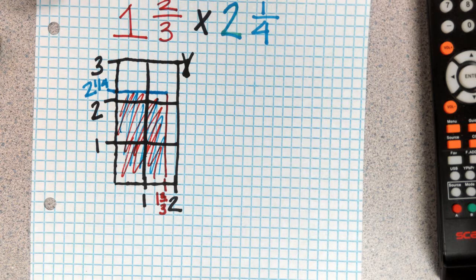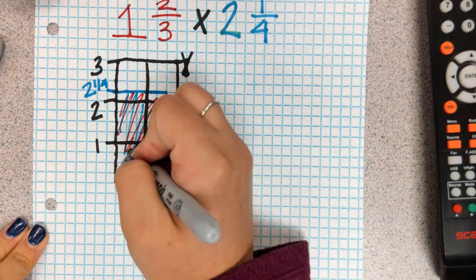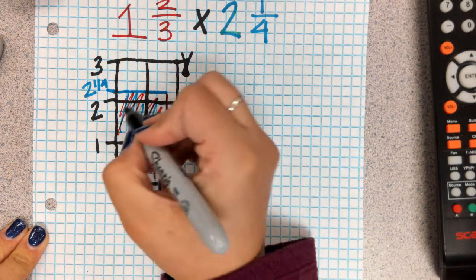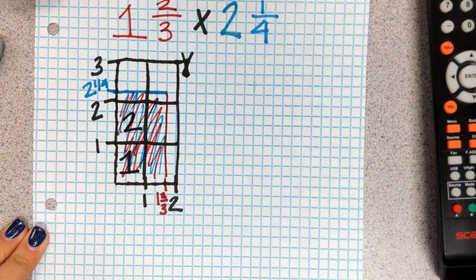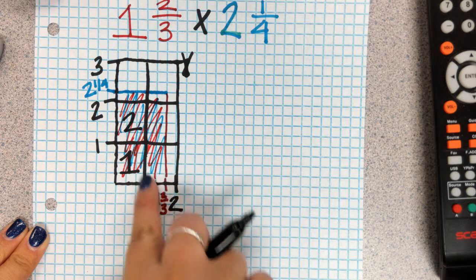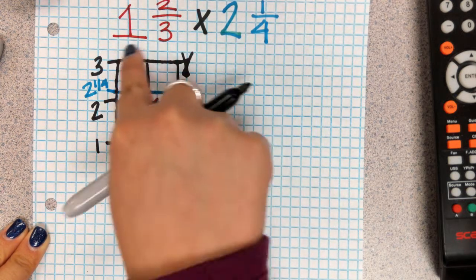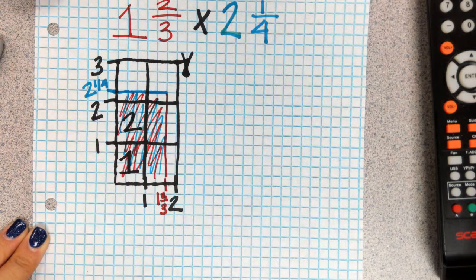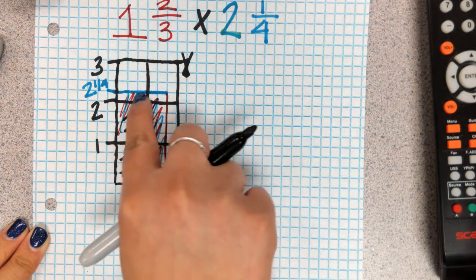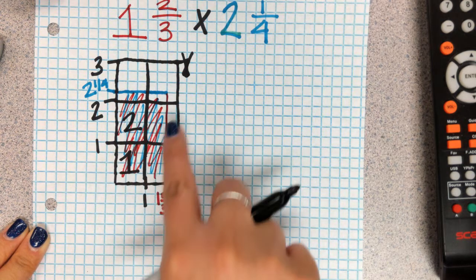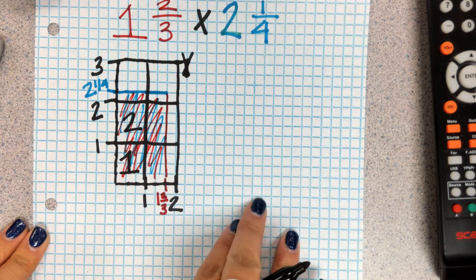Now I can easily see that I have one entire whole filled in, a second entire whole filled in. I don't have a third whole filled in completely yet. Now I can move some of my outliers to help complete another whole.